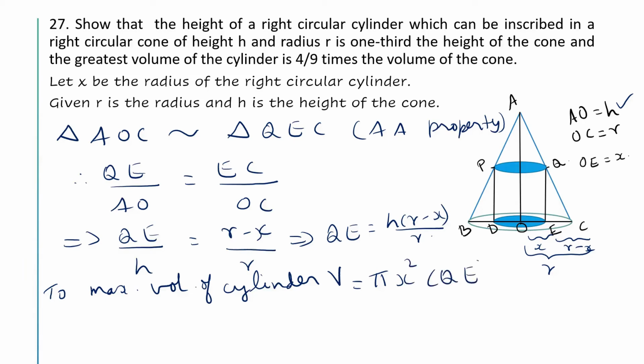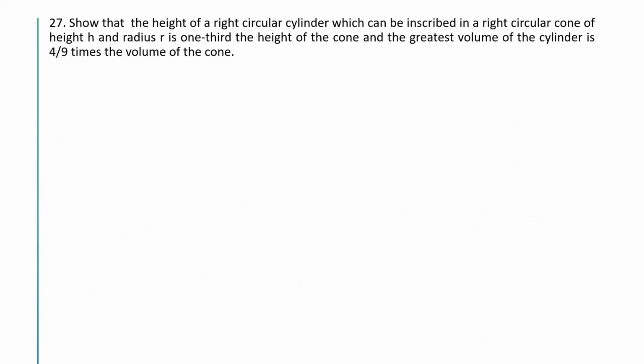Here the radius of the cylinder is x and the height of the cylinder is QE, so it is equal to pi x square H into R minus X by R. So let me continue here. V is equal to pi H by R into Rx square minus X cube.